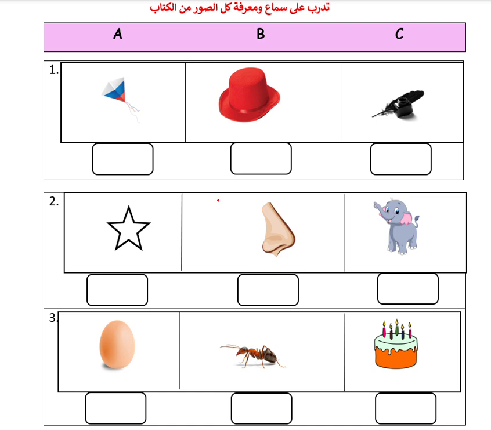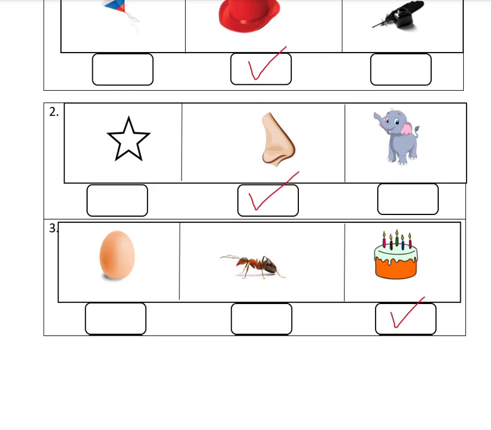Number 1, my hat. Number 2, this is a nose. Number 3, cake. That's how you do it. All right, let's move on.